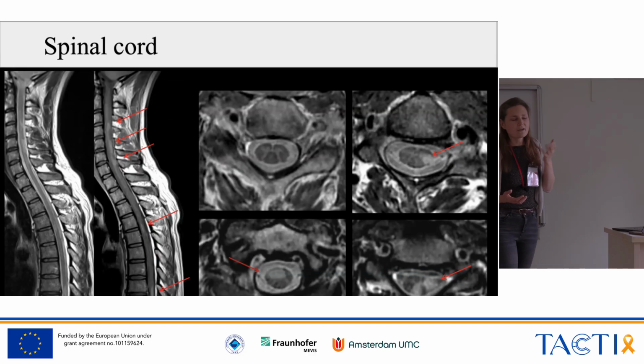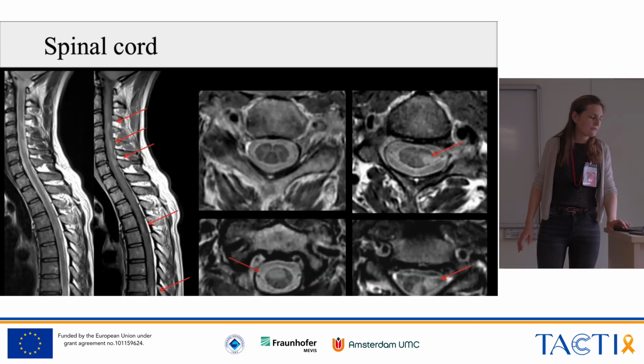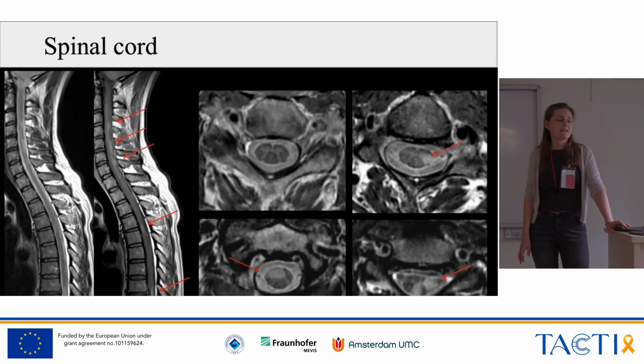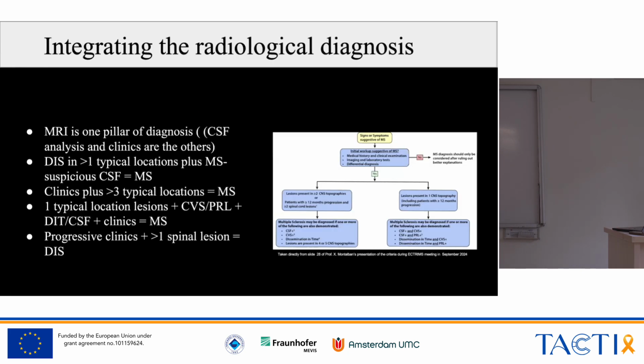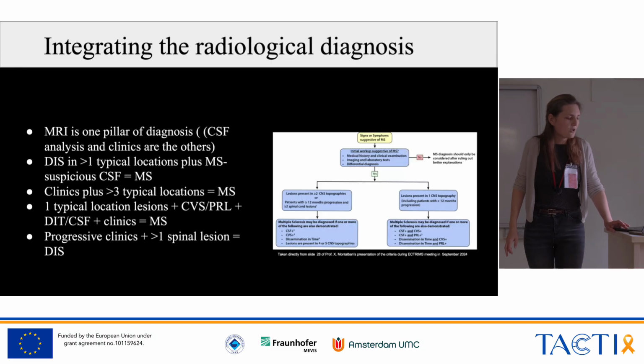So there can be gray matter lesions, and that does not exclude MS at all. Here is a typical example. This is what those lesions look like. You have a relatively high quality scan. You can even see the butterfly here. The patient is lying on his back, so those are the anterior horns or the posterior horns. And the lesions are typically in the periphery of the spinal cord and not centrally in the gray matter, or just touching it.